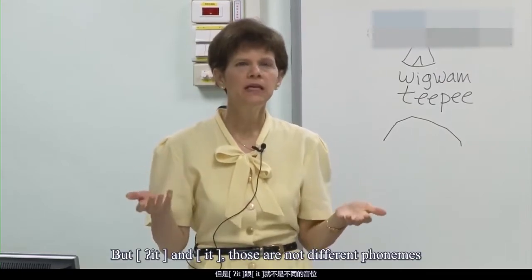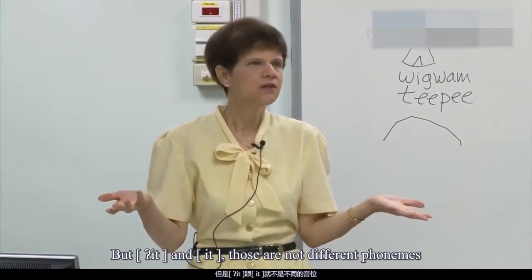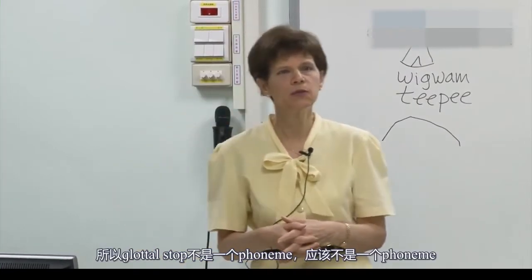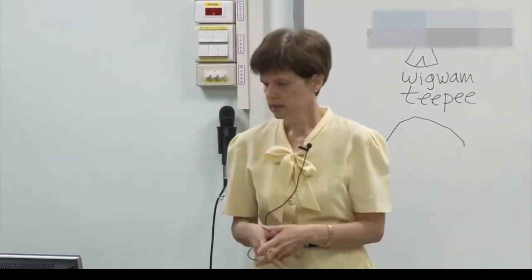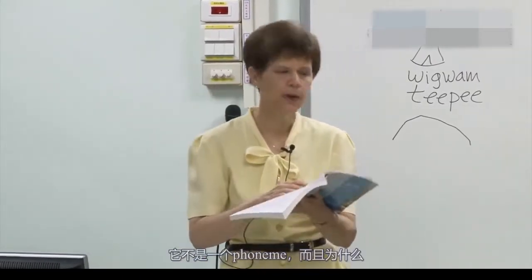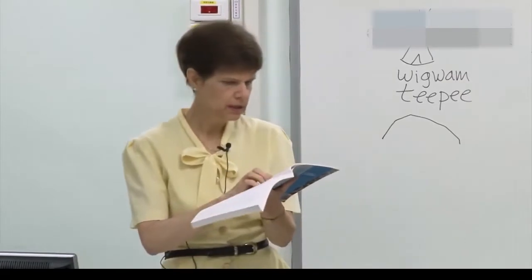But eat and eat, those are not different phonemes. So the glottal stop is not a phoneme. All clear? This is about the phonemic status of the glottal stop, and why it is not a phoneme.